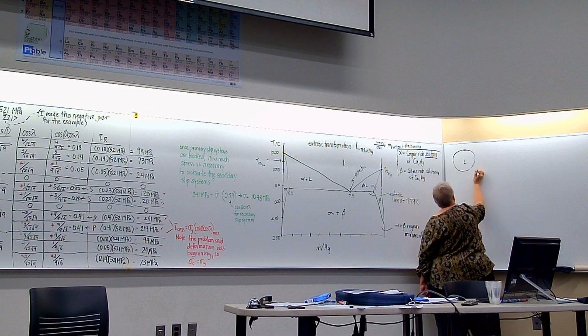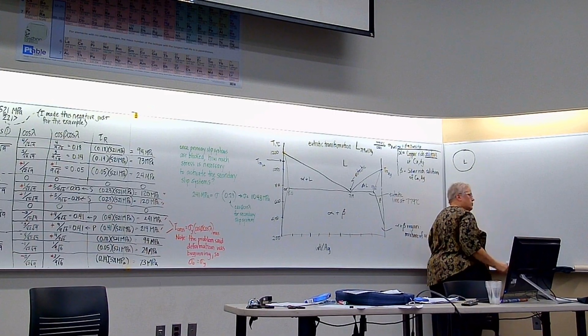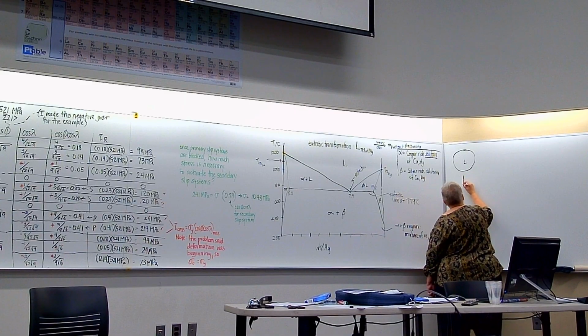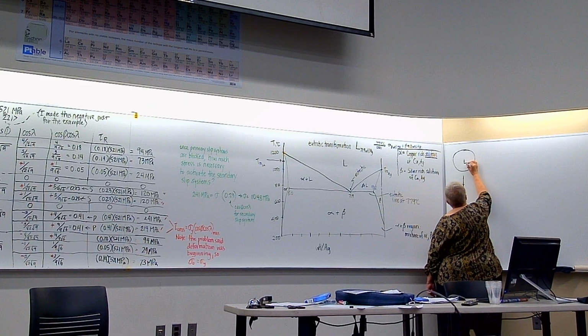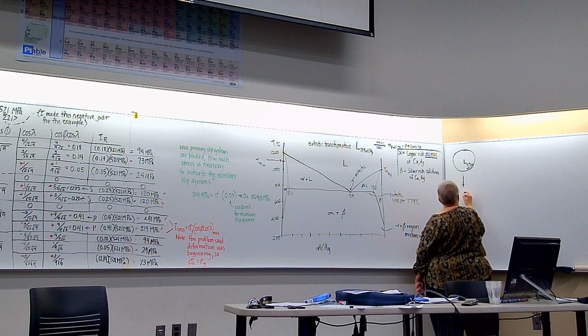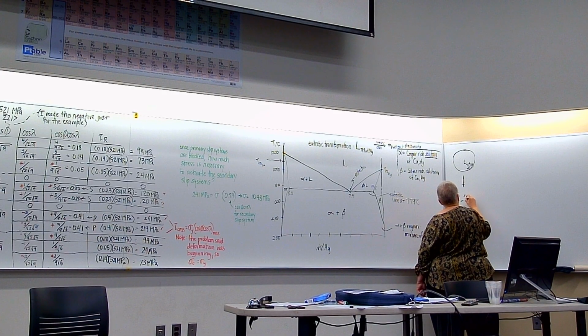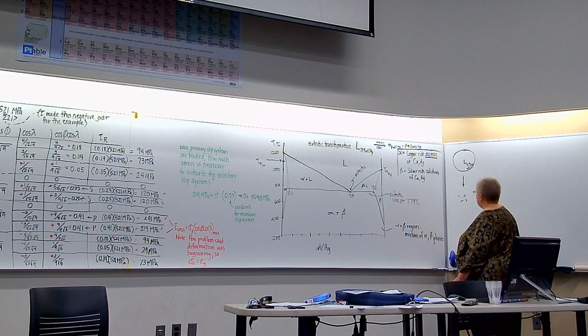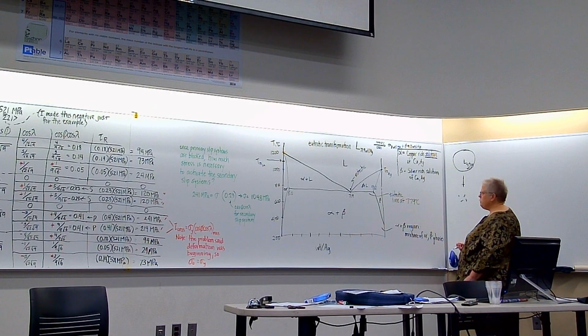But if I have liquid, which I couldn't really see under the microscope, with 71.9 weight percent silver, and I cool it, what will happen is little bits of solid alpha or solid beta will form. I don't know that it's necessarily one versus the other.